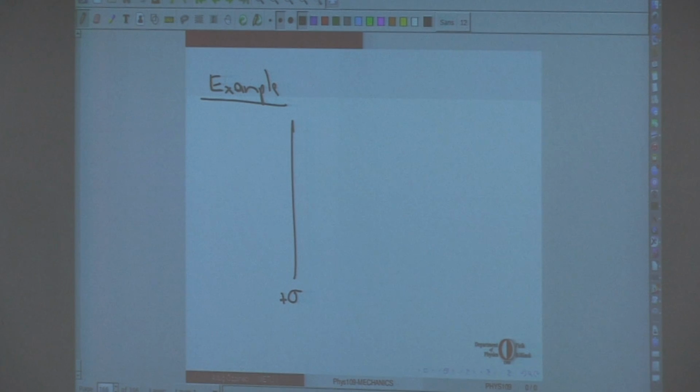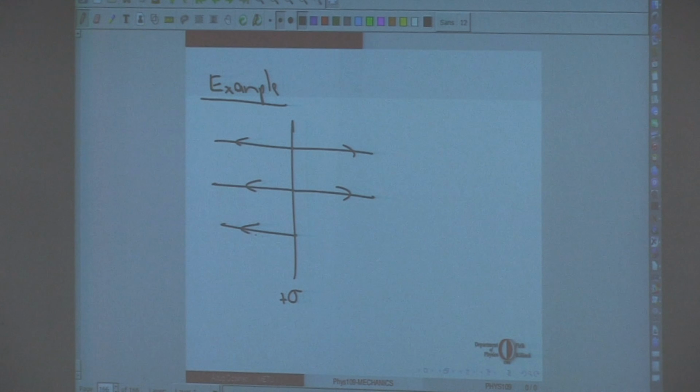It's horizontal, parallel, uniform. So these are the electric fields. Equipotential surfaces have to be perpendicular to the electric fields everywhere. So the equipotential surfaces have to be perpendicular.